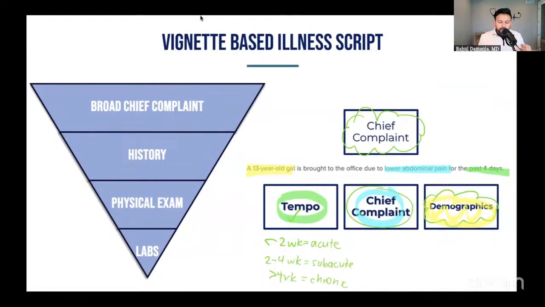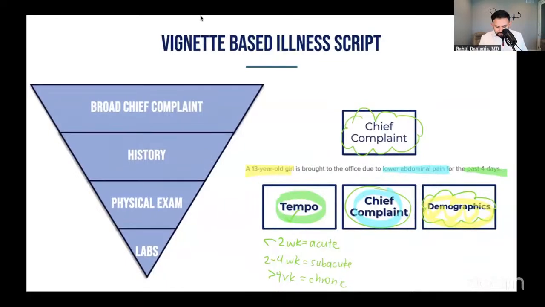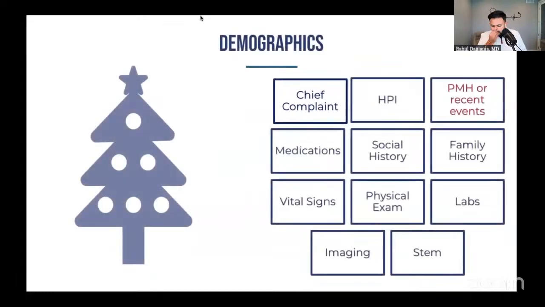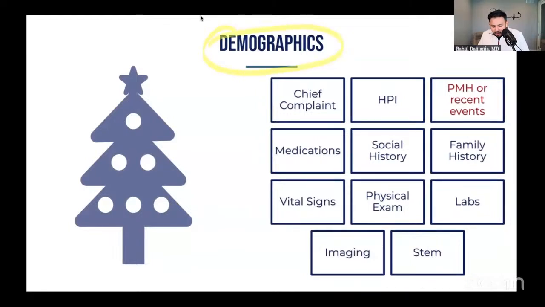This is going to be important because where we're going to is creating vignette-based notes. We talked about the demographics, and what I want you to recognize is that the demographics in a vignette is basically defining the patient's narrative.